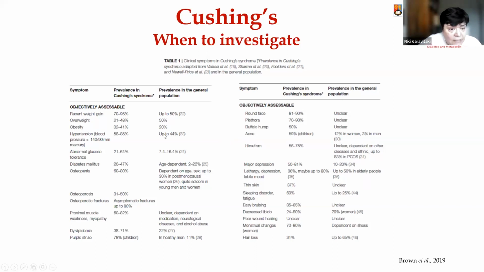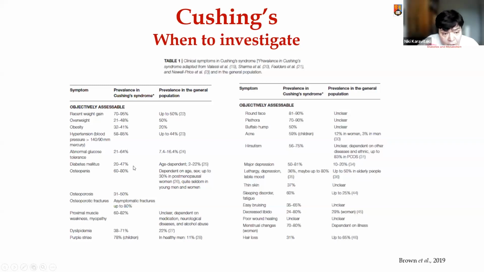Recent weight gain in Cushing's, we can see in 70 to 95% of the cases. In the general population, it can be up to 50%. Being overweight, 21 to 48%, and again, 50% in the general population. Obesity, 32 to 41%. Prevalence in the general population, 20%, and this may be rising as time passes. Hypertension in Cushing's, we may come across in 58 to 85%, in the general population up to 44%.